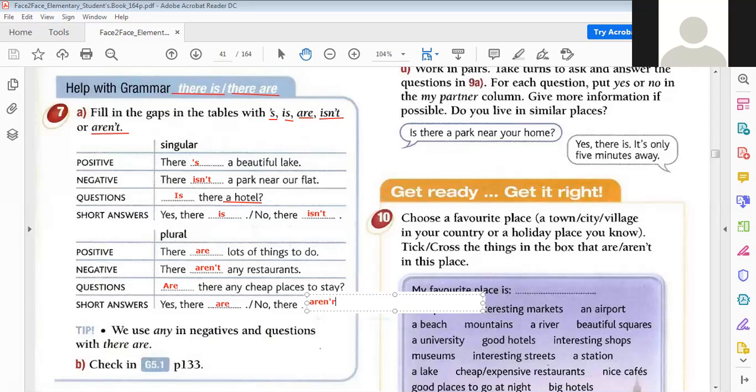Sorry, I have a question. There aren't any restaurants. We used are here because it's plural, not singular. Yes, because you're talking about restaurants. Plural. If it were singular we would have used there, you'd say there isn't a restaurant. Okay. Yeah. And Amira, if you see here, you can see clearly it says plural.